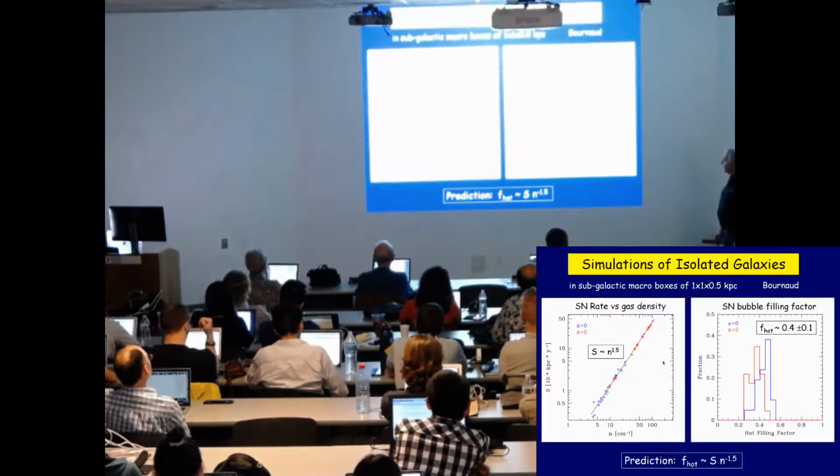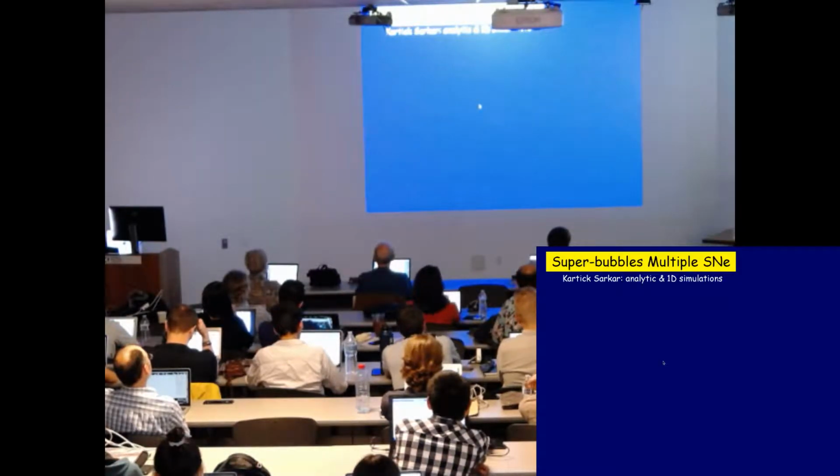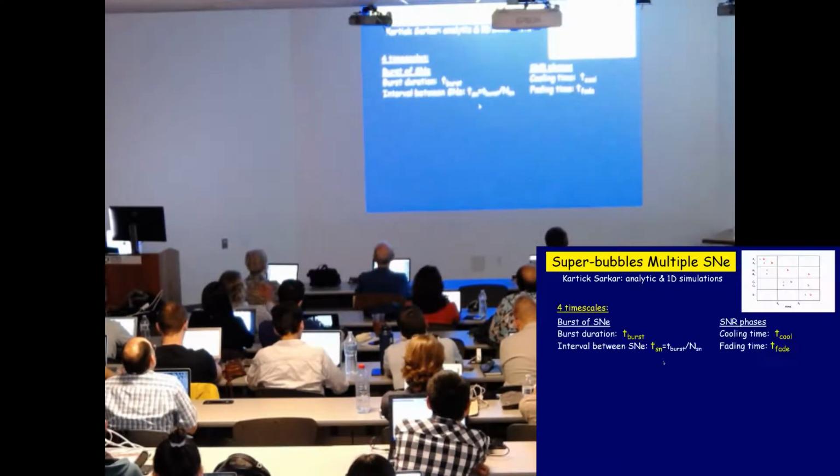Now, what about a more realistic case where your bubbles are superbubbles of multiple supernovae in molecular clouds, in clusters? So Kartik Sarkar, another postdoc working with us, has done analytic work with me and 1D simulations.